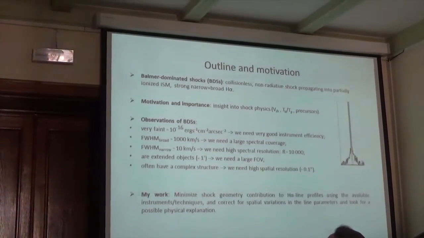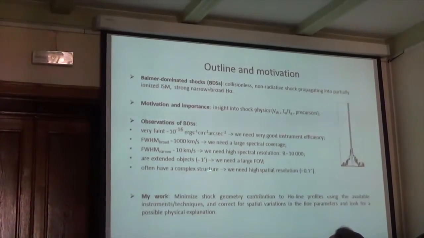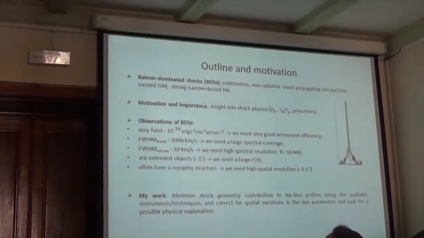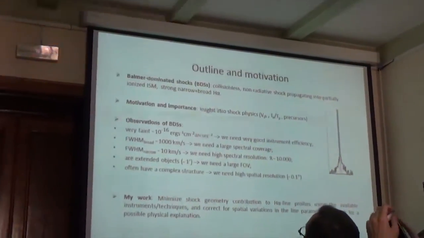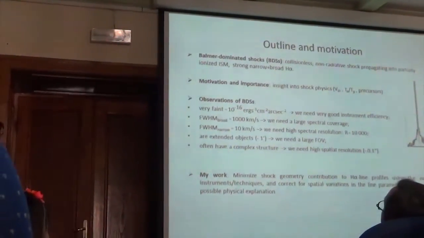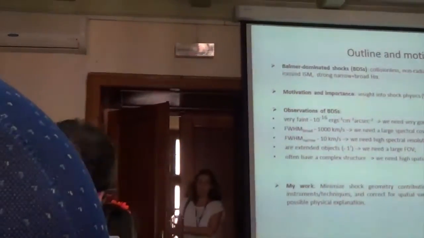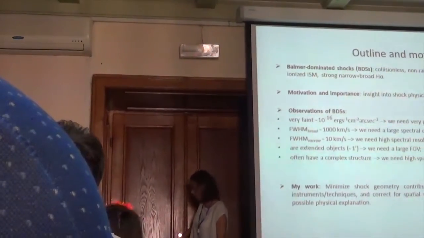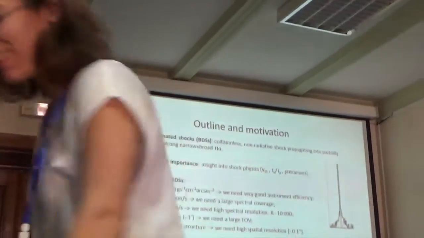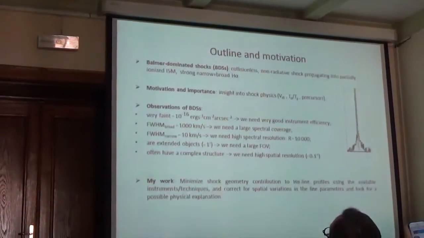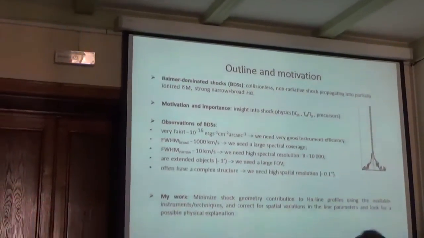These objects are very extended on sky, so you need a large field of view. And they often have a very complex structure, so you also need high spatial resolution. At present there is no single instrument that can do all of this at the same time, so you need to make some compromise.